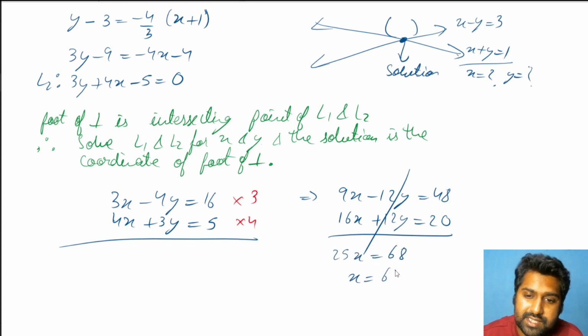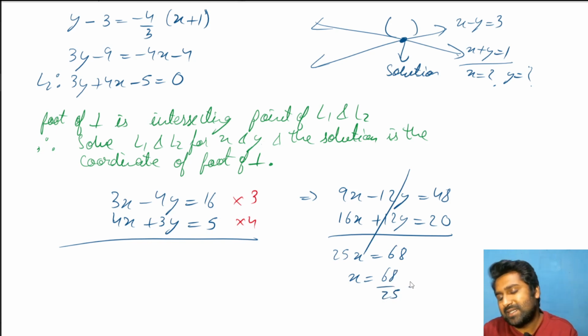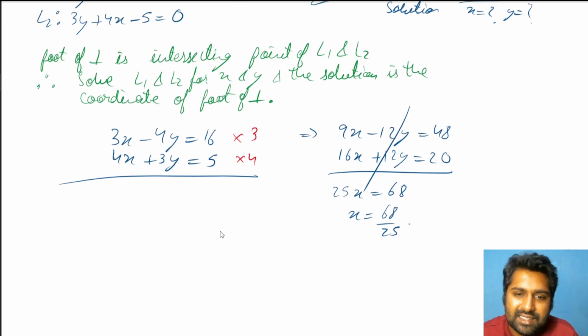Oh my god, 68 by 25. Again a fractional value. Anyhow, this will be the x coordinate of foot of perpendicular. Should we really put the value of x in this equation? I think I will prefer to solve it again.